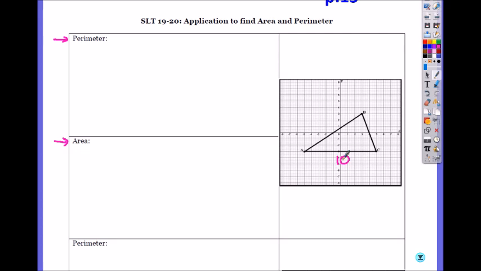What about this length right here? How would you find this length? You can use a distance formula from point A and B. Or, since it's already on the grid, can I just go ahead and make a triangle and use a Pythagorean theorem? Yes. So it's 1, 2, 3, 4, 5, 6.